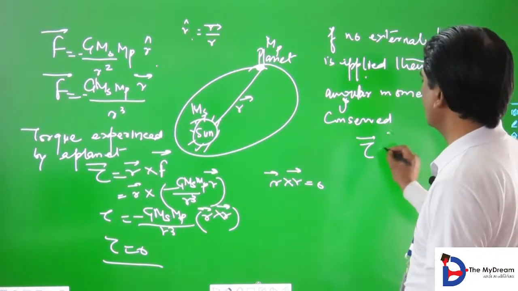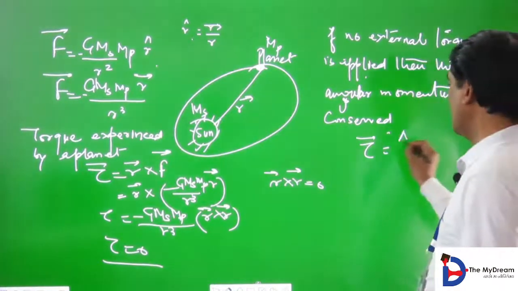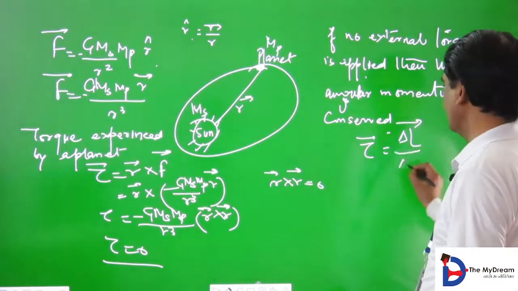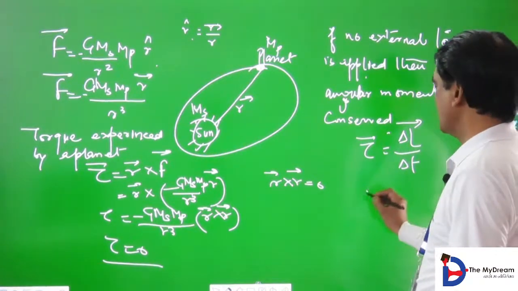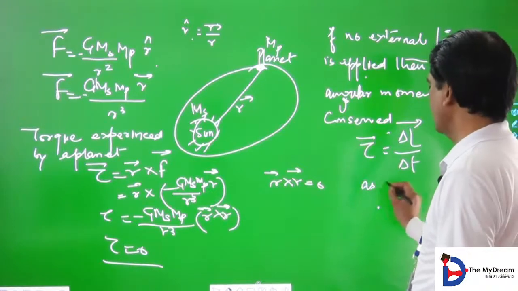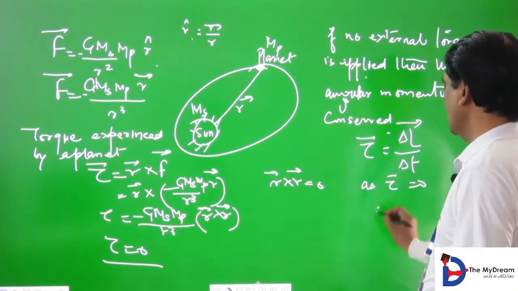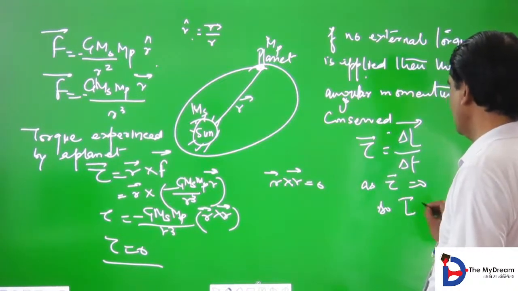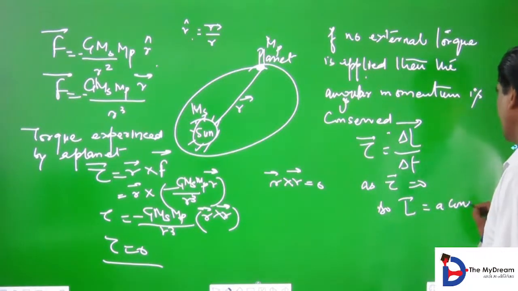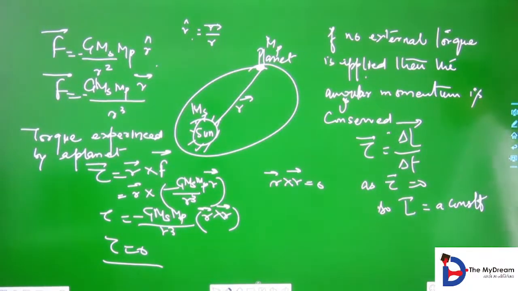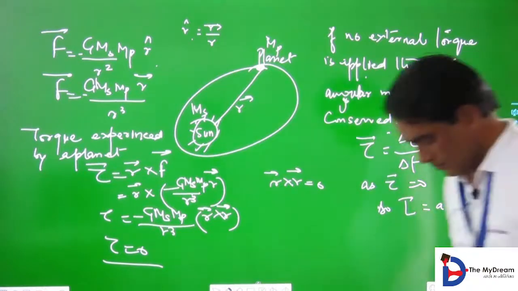Tau is equal to delta L by delta T, and as tau is 0, L is constant.